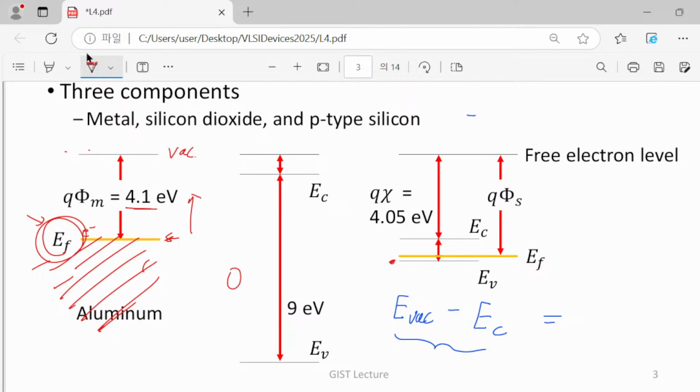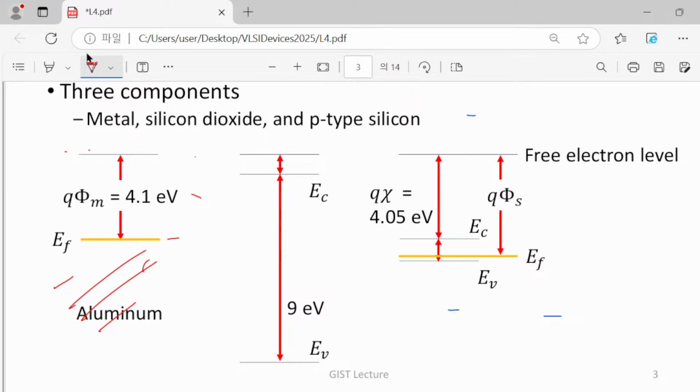Well, anyway, now just to consider this example. Here we have 4.1 eV as the metal work function of aluminum metal, and here we have highly doped p-type silicon. Please try to estimate the work function inside this silicon material. How large is it?